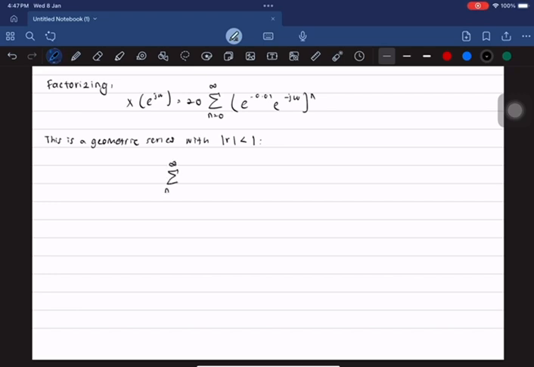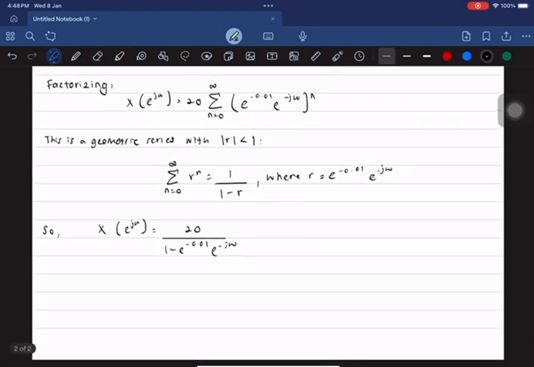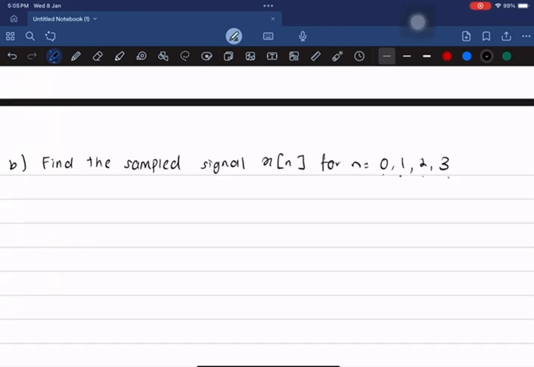The summation from n equals 0 to infinity of r^n equals 1 over 1 minus r, where r is equal to e^(−0.01) e^(−jω). So X(e^jω) equals 20 over 1 minus e^(−0.01) e^(−jω). This is the final answer for part A.